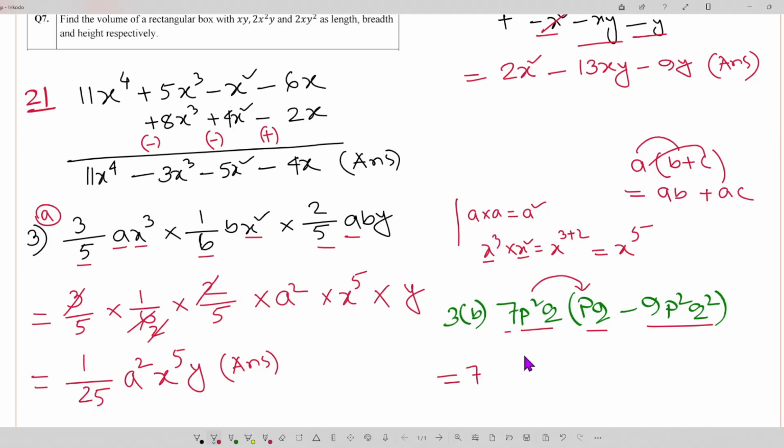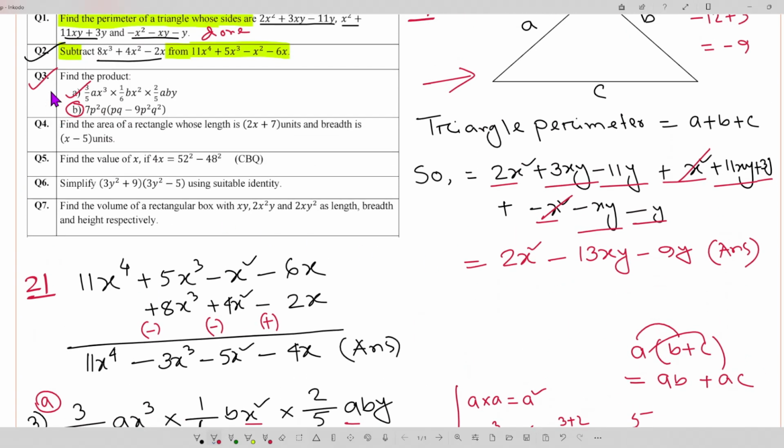P square times p will be p cube, and q times q square, minus 7 times 9 is 63. Then p square and p square will be p to the power 4, and q square will be q to the power 3. This is our answer. So number 3 is done.